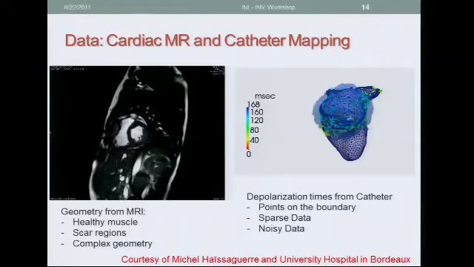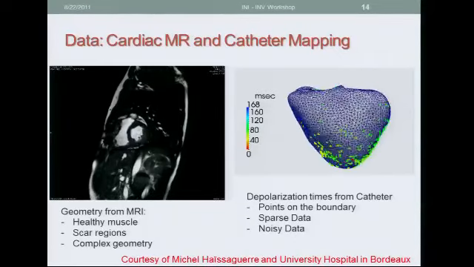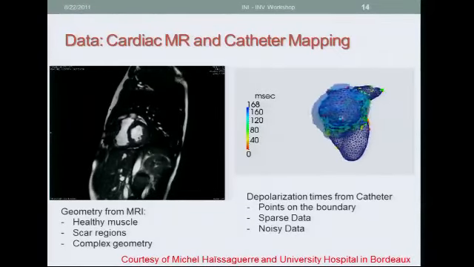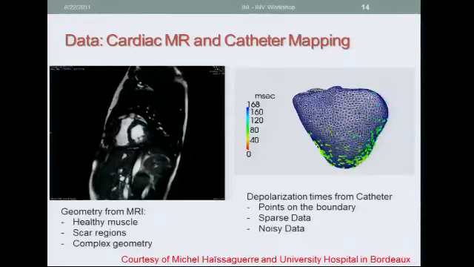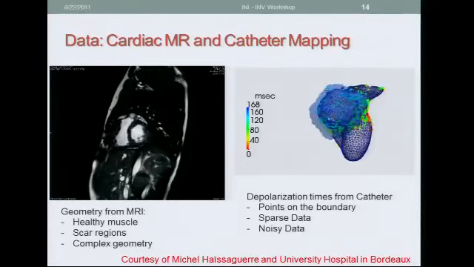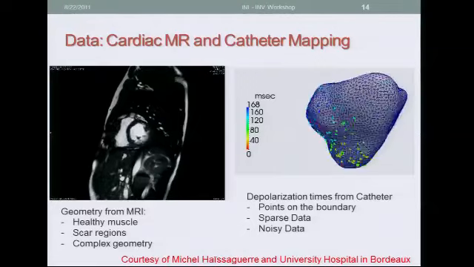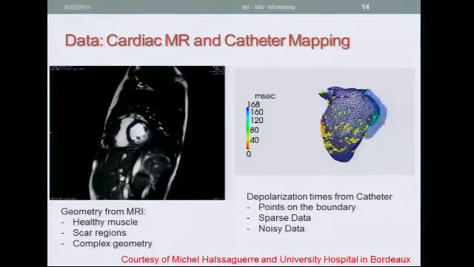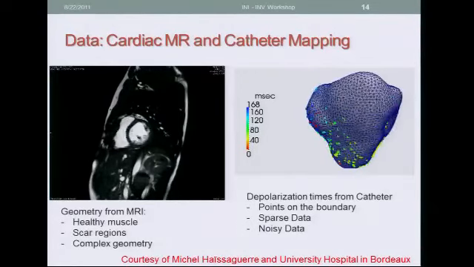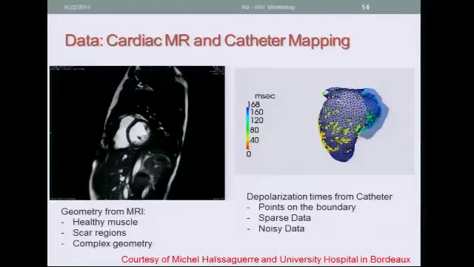What will derive the computational model, the electricity model, is basically catheter mappings. Now, these are very interesting observations. What happens is, during a heartbeat, the doctor goes in with a catheter, probes different locations within the endocardium, and observes potentials. Furthermore, he does the same thing outside the heart and observes other potentials.